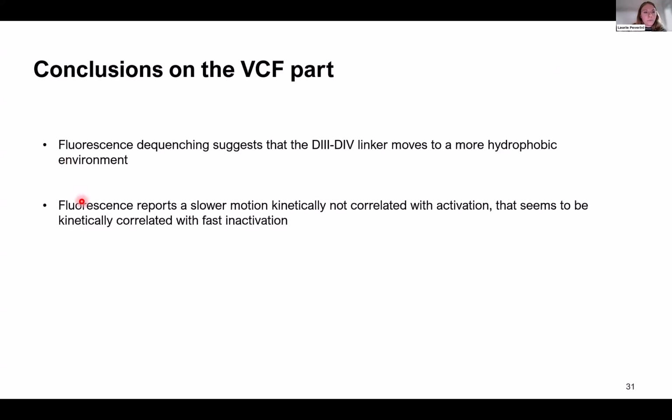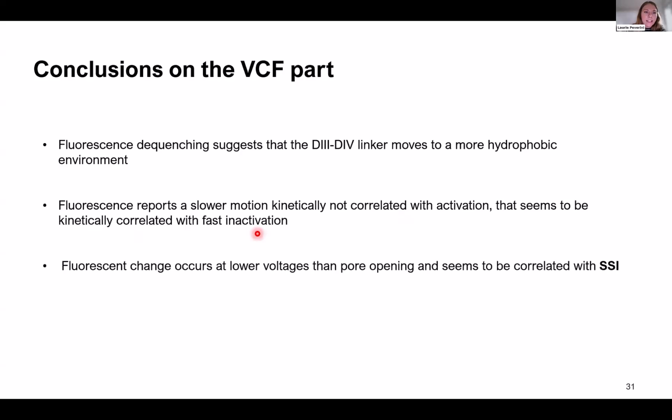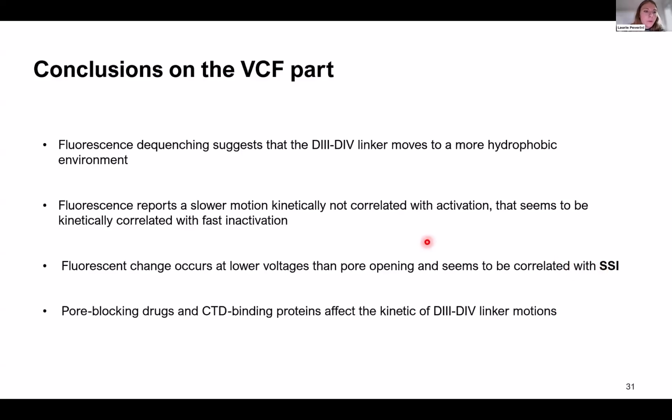The fluorescence signals that we follow report a slower motion that is kinetically not correlated with activation and that seems to be kinetically correlated with fast inactivation. This molecular motion also seems to be correlated with the steady state inactivation mechanism. Finally, we have been able to follow the impact of pore blocking drugs and CTD binding proteins and to highlight that they affect the kinetics of the D3D4 linker motion.